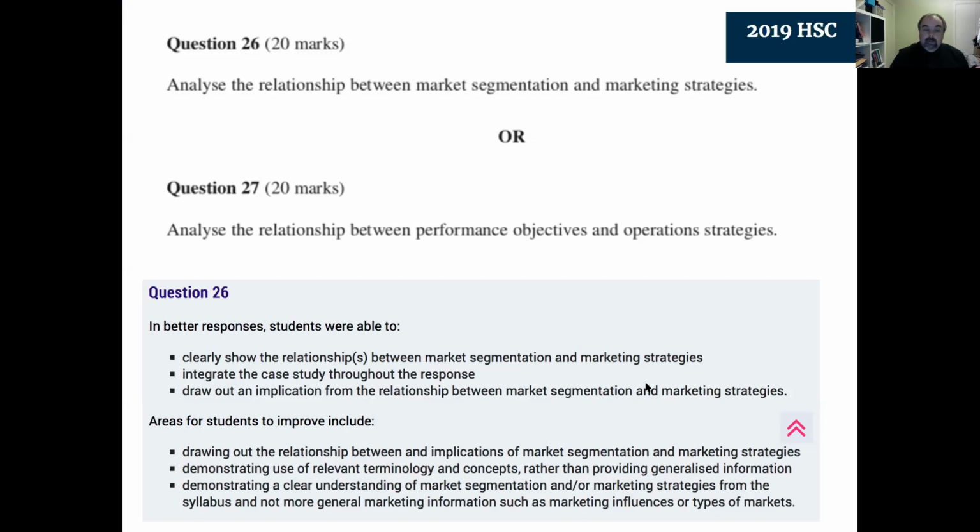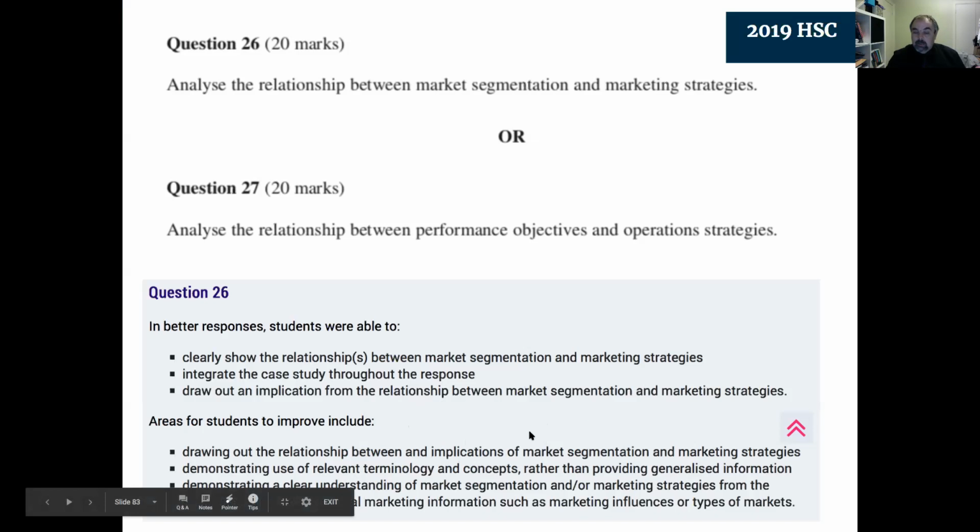Okay. So what did students need to improve on? And it's the reverse, isn't it? Drawing out the relationship, using the terminology and having a clear understanding. So, students who did not know what segmentation was and were not able to define it, well, you're really struggling to get any decent marks in this question.